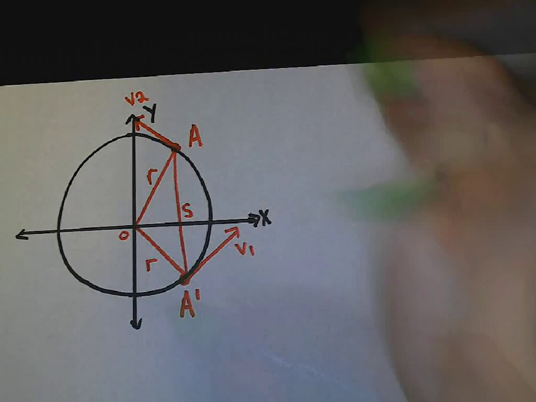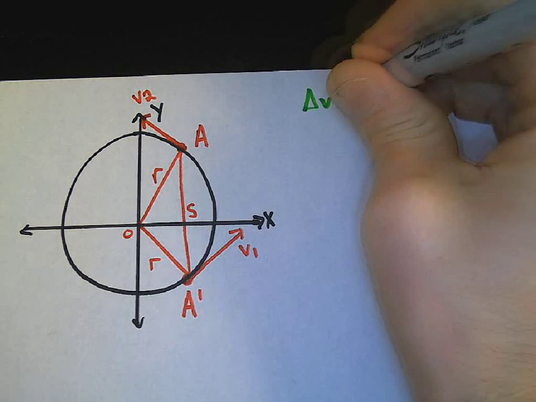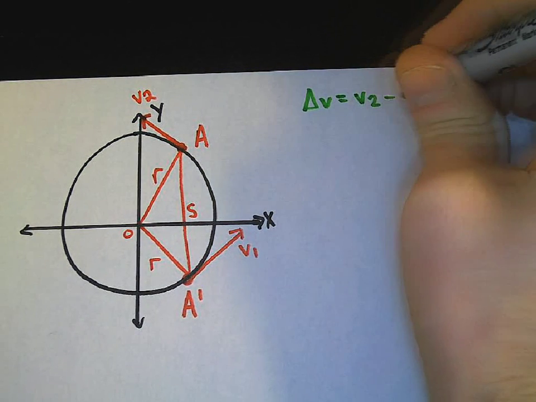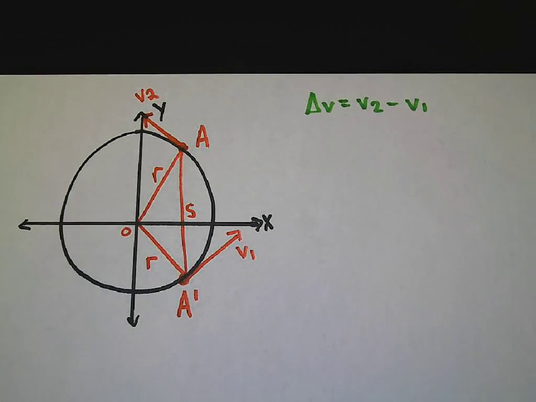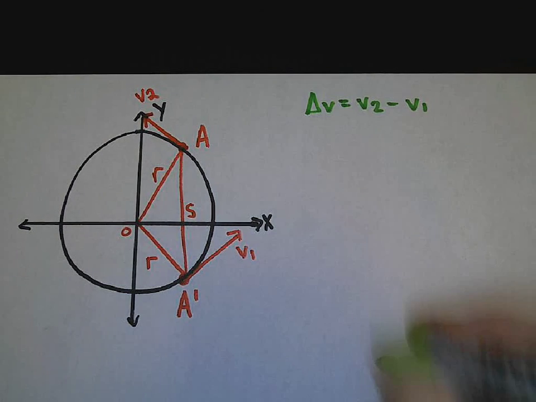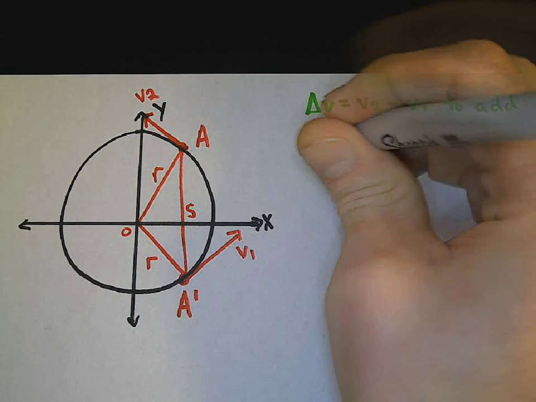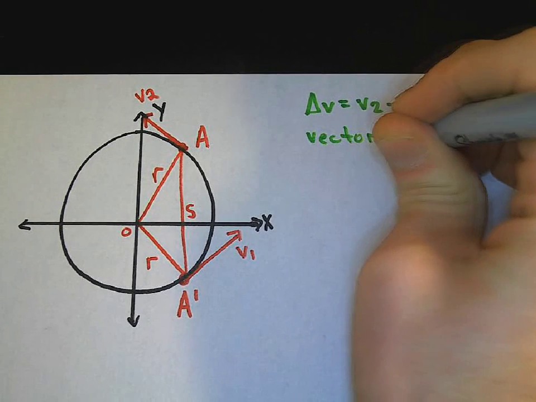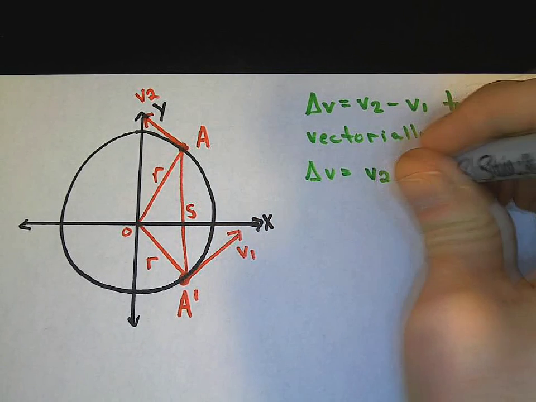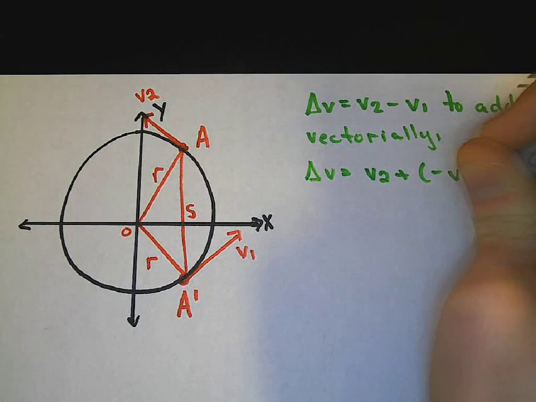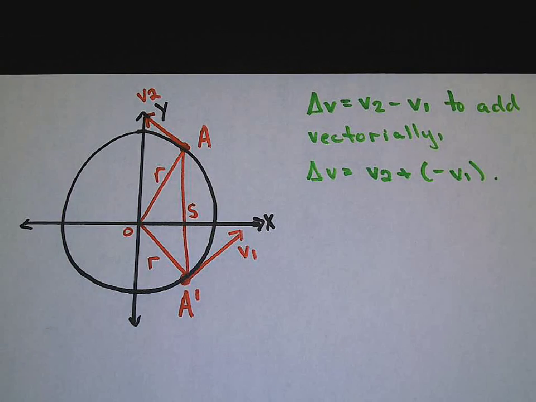We notice that our change in velocity will be equal to v2 minus v1. That is our definition of our change in velocity. But to add this using vectors, we must say that our change in velocity will be v2 plus negative v1. And this is what makes it really nice in this case.